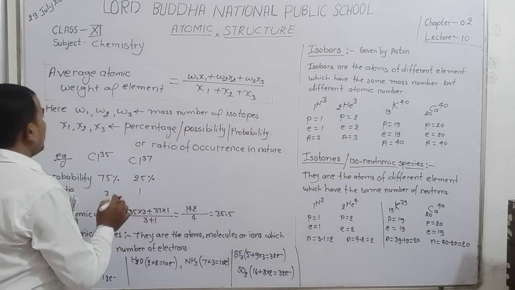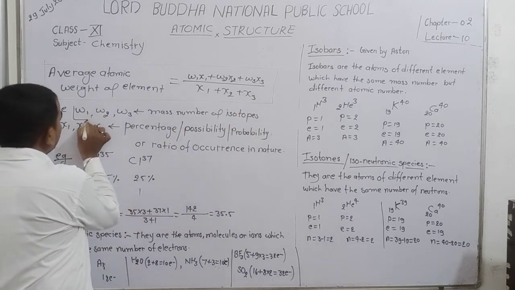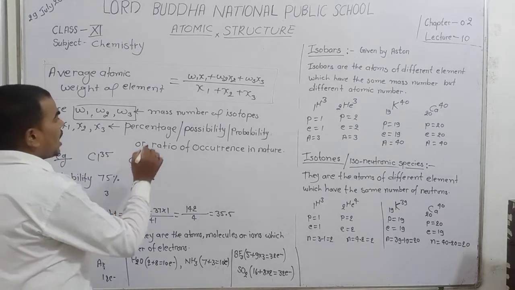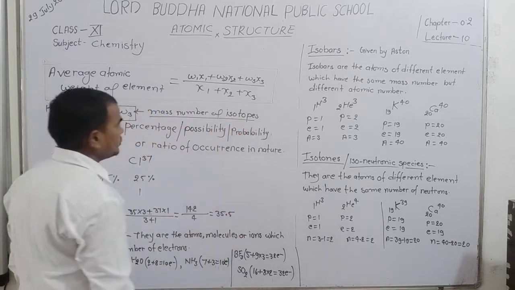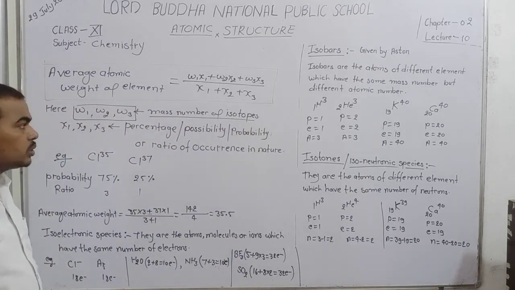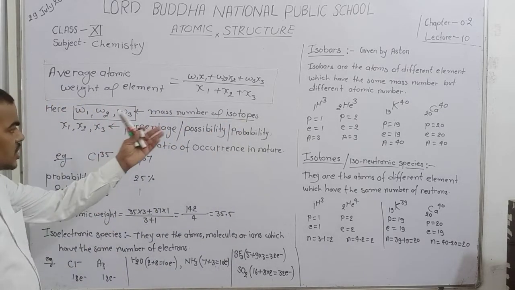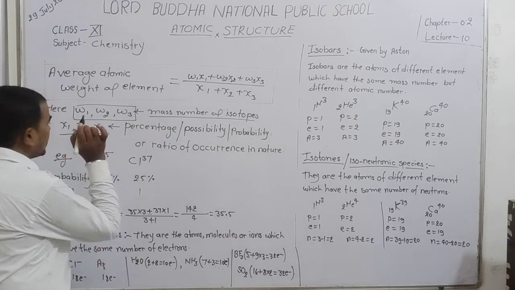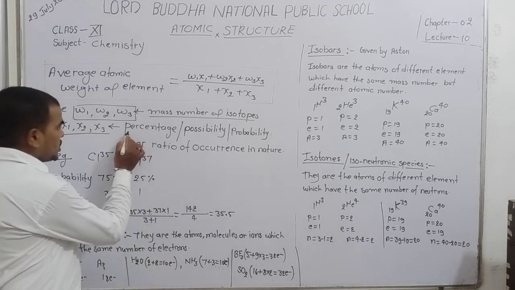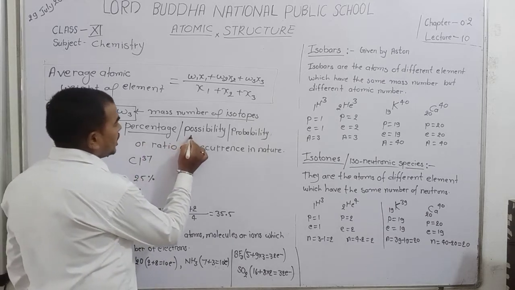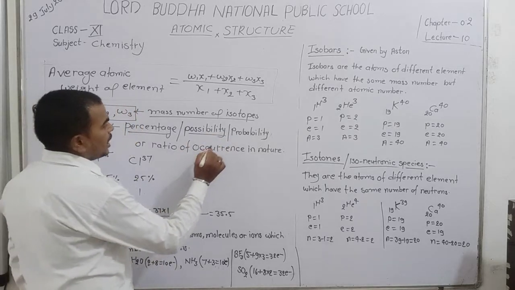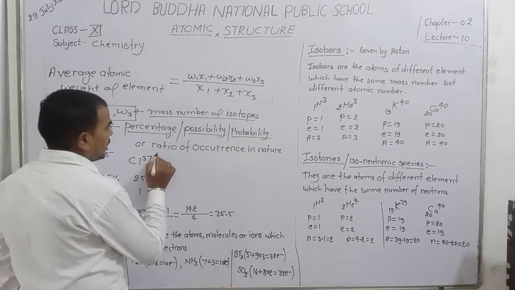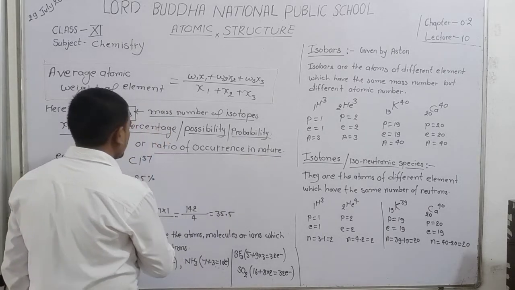Here W1, W2 and W3 are the mass numbers of the isotopes, and x1, x2 and x3 are the percentage of isotopes, or probability ratio of isotopes, also called the ratio of occurrence in nature.